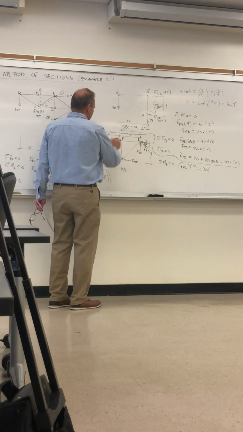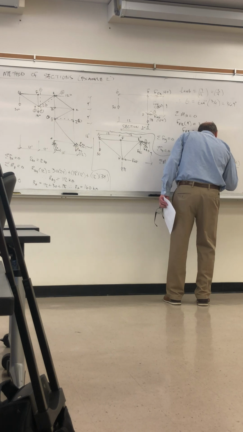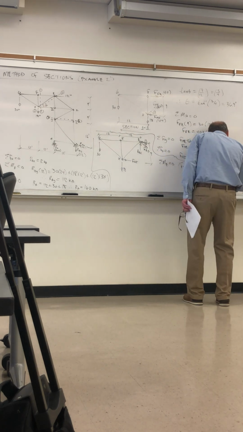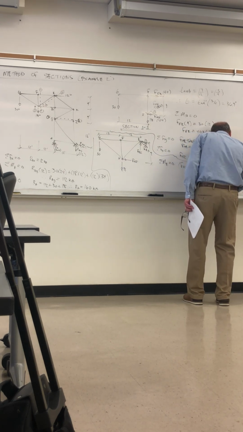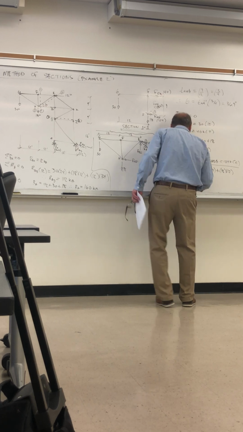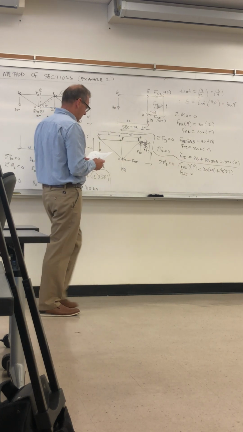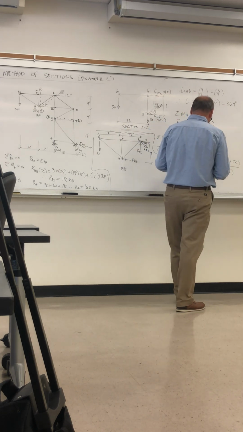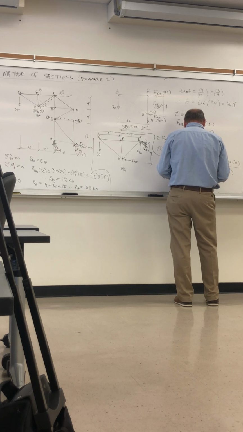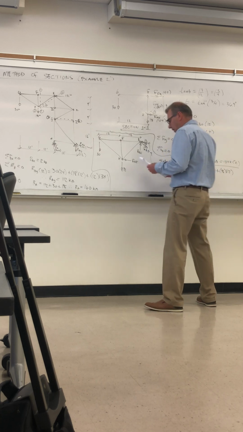I'm summing moments about E, so the 30 is multiplied by the length of 24, and the 18 is multiplied by... F of HI equals four kips, compression.